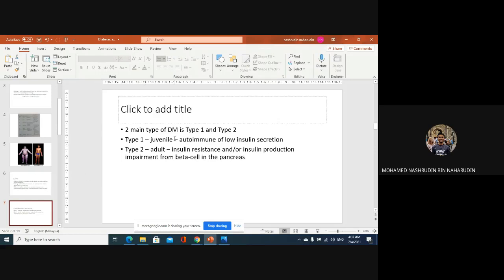Type 1 is because the pancreas itself doesn't produce enough insulin, even from childhood. Type 2 is because of lifestyle over a chronic period of time that leads to inefficiency of insulin in absorbing glucose into the tissue.